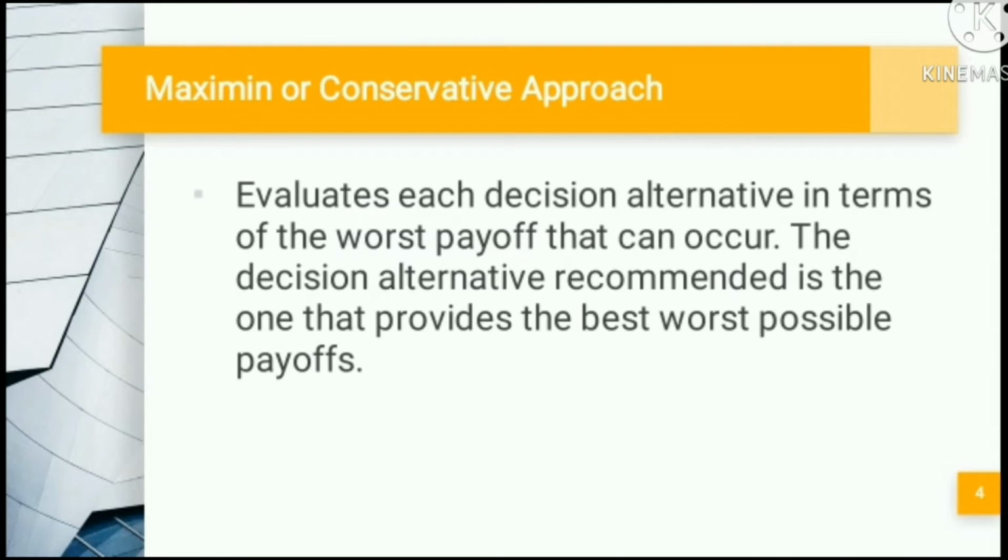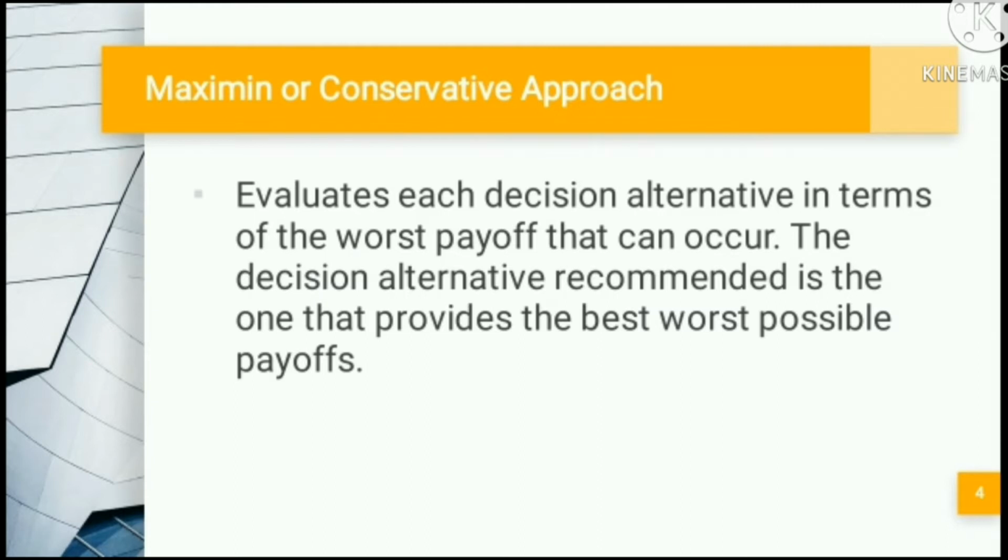On the other hand, the conservative or maximin approach evaluates each decision alternative in terms of the worst payoff that can occur. The decision alternative recommended is the one that provides the best worst possible payoff. For a problem in which the output measure is profit, the conservative approach would lead the decision maker to choose the alternative that maximizes the minimum possible profit that could be obtained.